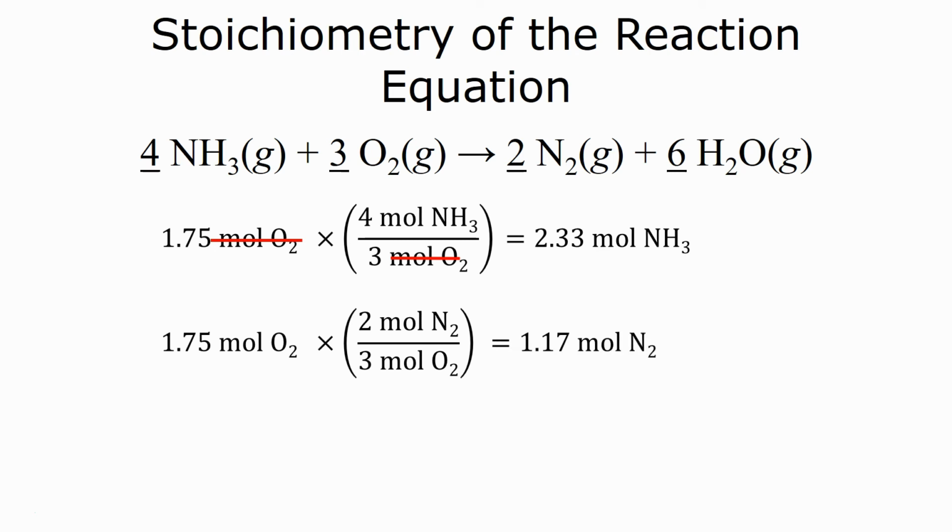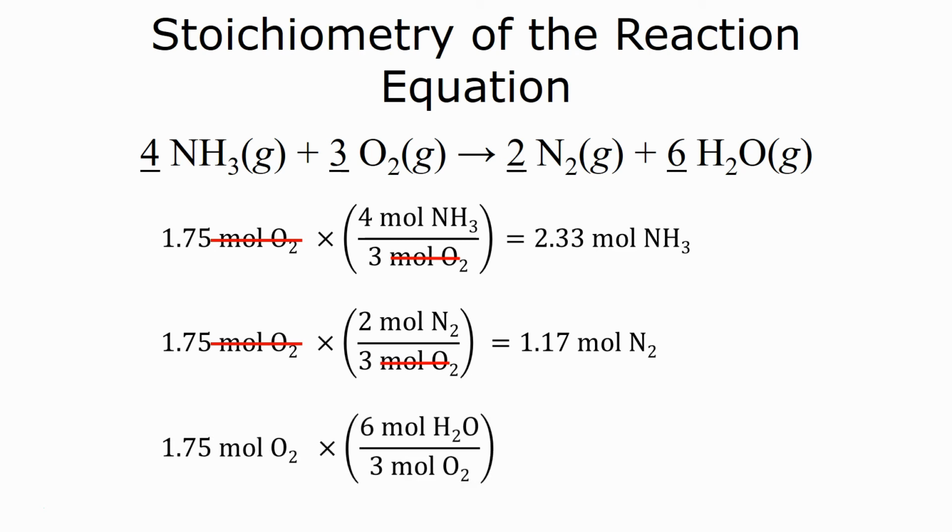We get 1.17 moles of nitrogen. 1.75 moles of oxygen multiplied times the 6 to 3 ratio of water to oxygen gives us 3.5 moles of water. And again, the dimensional analysis checks out. So this is the basic information presented in a chemical reaction equation and some very basic examples of some calculations using the stoichiometric ratios.